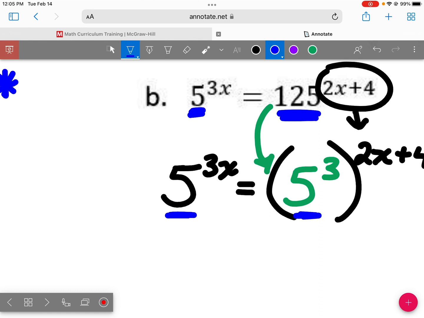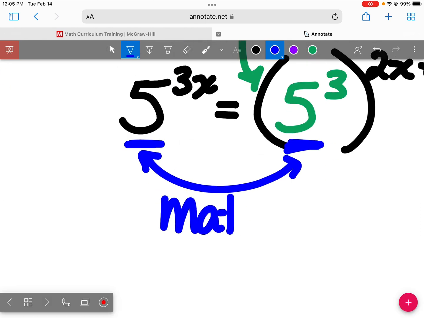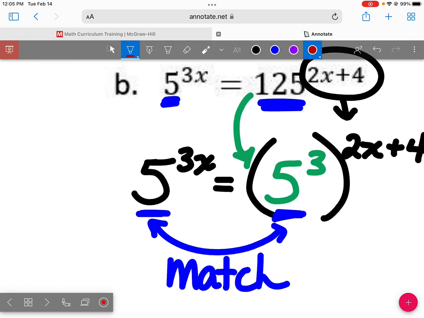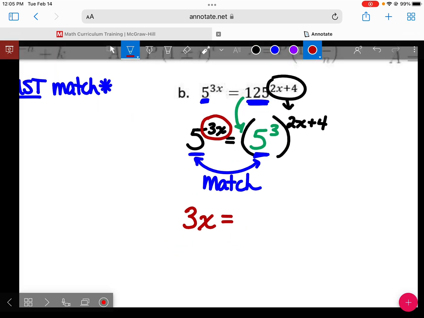Do the bases match now? Yes. So what do I do with the exponents then? If the bases match, what's true about my exponents? They also match. They are equal. So over here I have 3x. What do I have on the right side though?